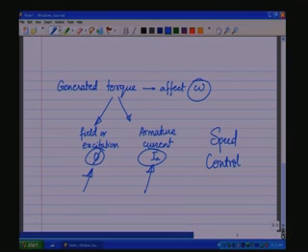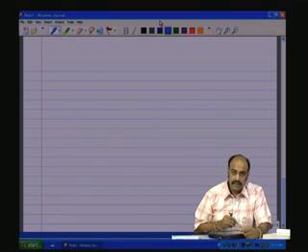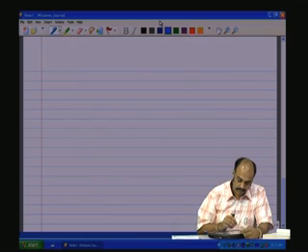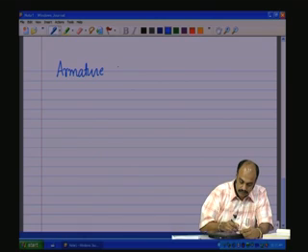So, let us get back to the equivalent circuit and see how we go about achieving speed control. First, let us do the armature side speed control.